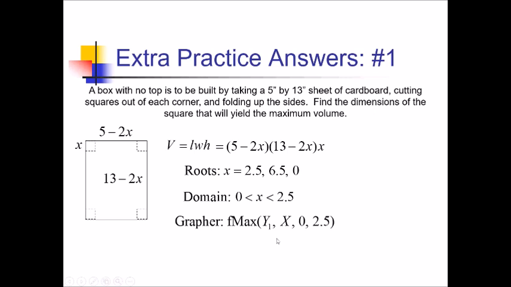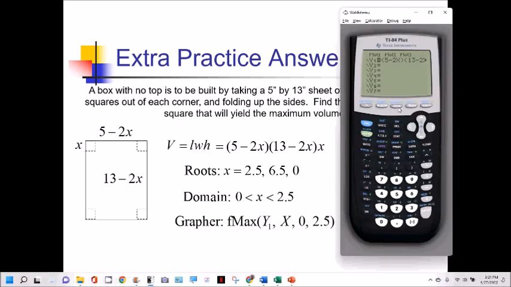Let's do that on the calculator now. On my calculator, I went into y equals, and I just put this volume function in my y1, so it's easier to refer back to. Let me quit out of there. Now I'm going to go to Math 7 for Fmax.